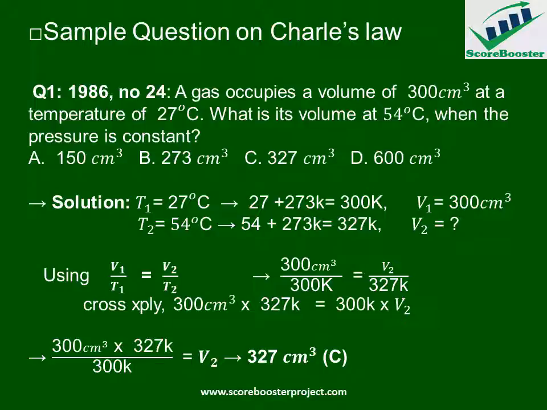So if you cross multiply, we're going to have 300 cm cube times 327 Kelvin equals 300 Kelvin times V2. We can make V2 the subject by dividing both sides by 300 Kelvin, and that will give us 300 cm cube times 327 Kelvin divided by 300 Kelvin equals V2, making our V2 to be 327 cm cube, making option C the correct answer for this particular question.